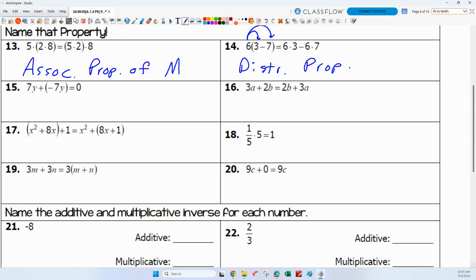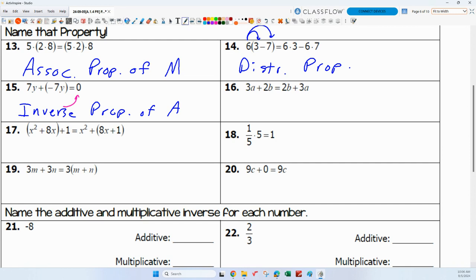What is it? Yeah, inverse property of addition. There you go. And how come? Well, look, because it equals 0, right? That's our giveaway. Okay.